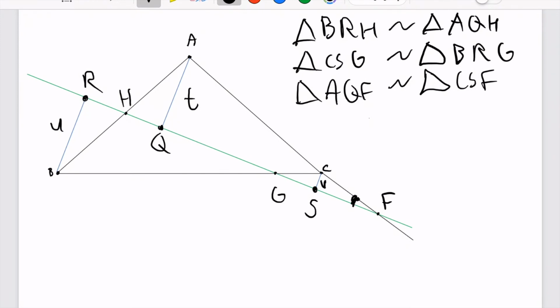So, AH over the corresponding side in the other triangle, which is HB.